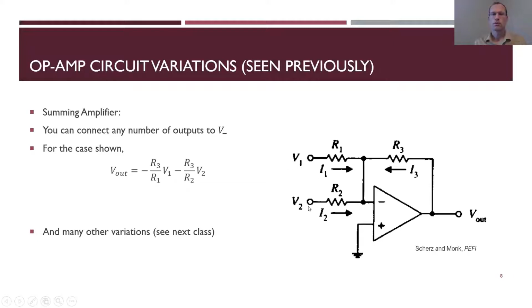This just adds all the gains. This happens to be a negative summing amplifier to the negative terminal, so these get inverted, minus sign, and then R3 over R1, similar to having multiple inverting circuits essentially. Add it all up and that is your V out.